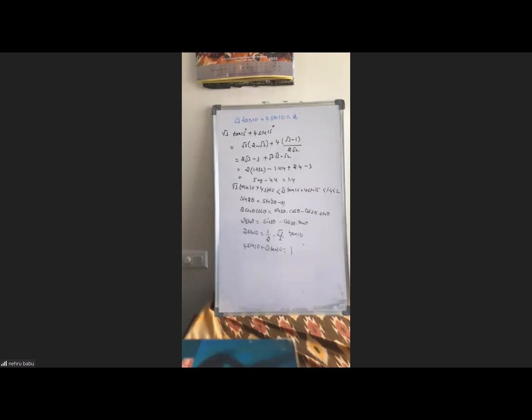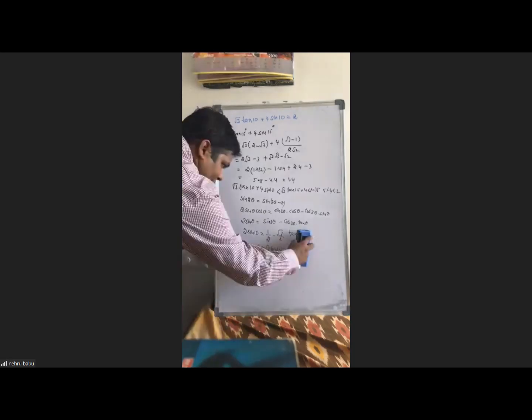If we substitute 15 degrees, any values coming? Sir, we should substitute 30 degrees. Sir, it is coming 2 root 2 sin 15, sir. If you substitute theta equal to 5 here, what happened?